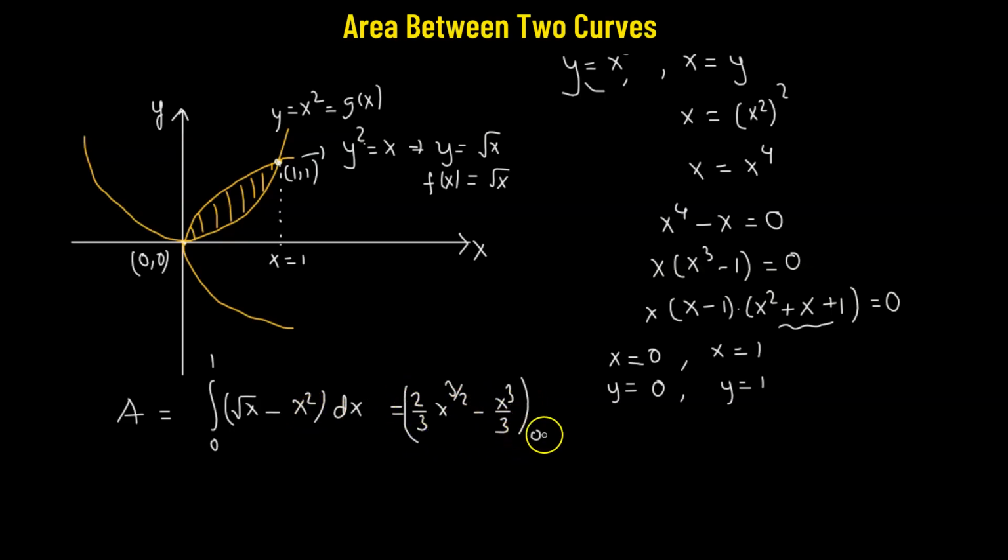Then we use our limits 0 to 1, which gives 2/3 minus 1/3. This is simply 1/3 square units. So the area of the enclosed region will be 1/3 square units. Let's go to the next problem.